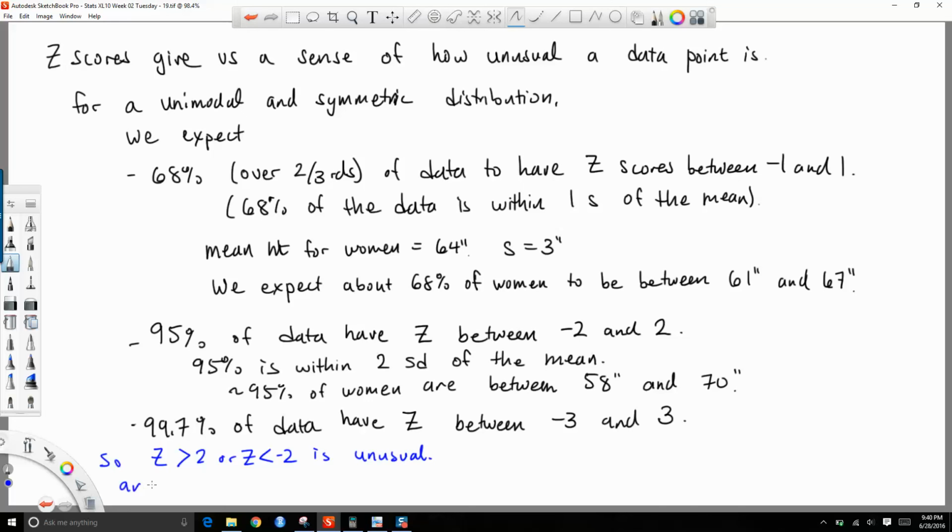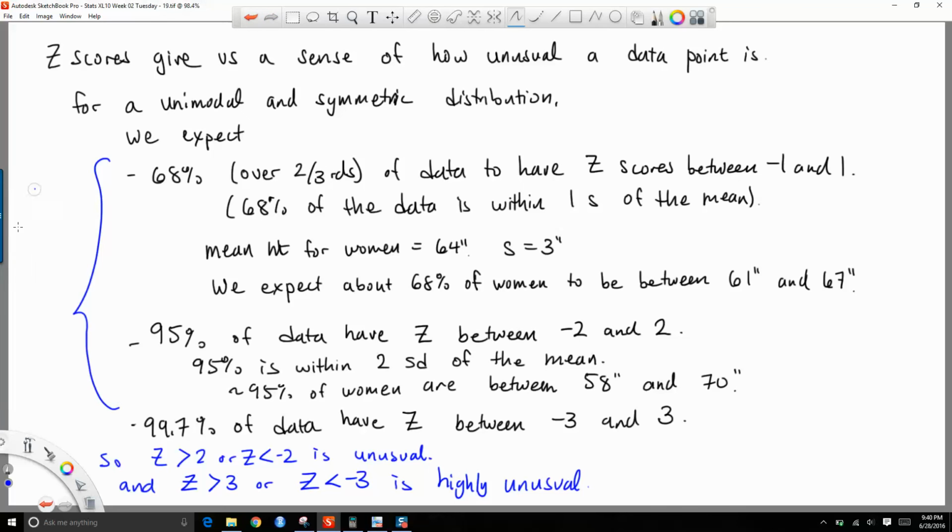And z greater than 3 or z less than -3 is highly unusual. Because this set of numbers here, these are called the empirical rule.